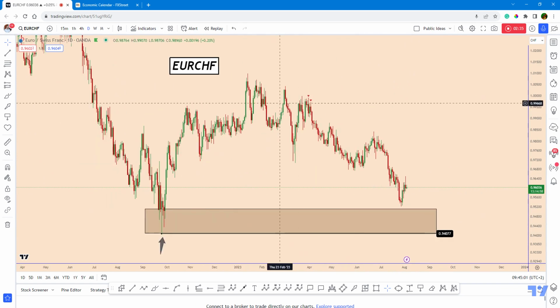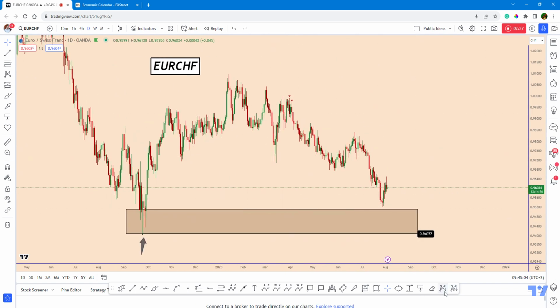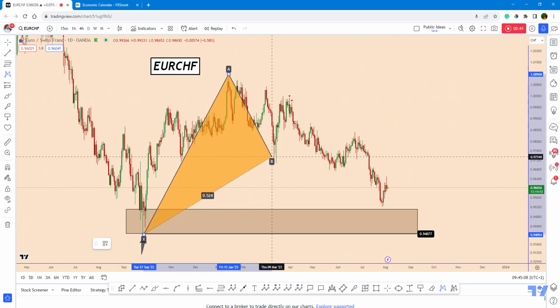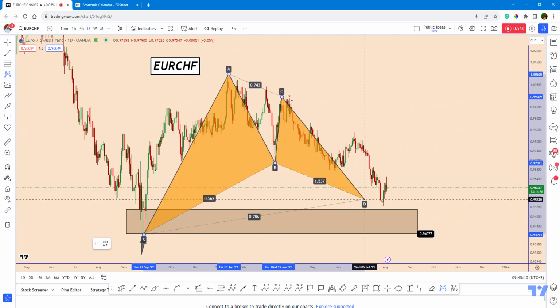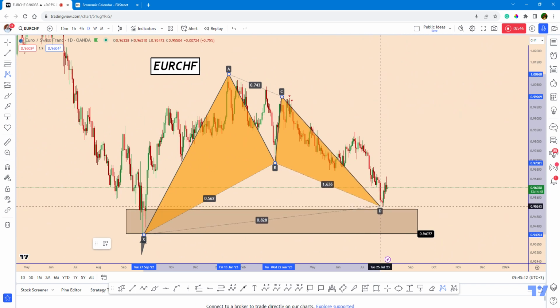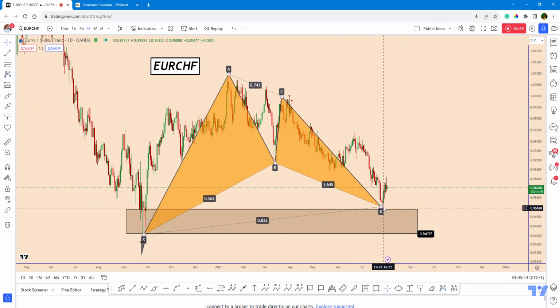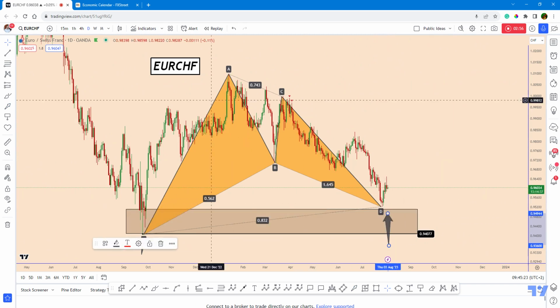structure support area. However, another thing that I'm looking at, another scenario, is also this harmonic pattern that can be seen. Probably it was completed prematurely because the price sometimes tends to complete the patterns when the market is not waiting for the full pattern completion.